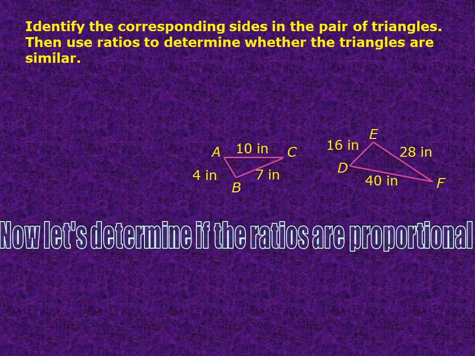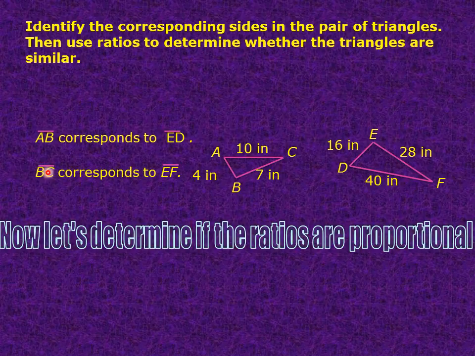Okay, so we're going to identify the corresponding sides in this pair of triangles, and then we're going to use ratios to determine whether the triangles are similar or not. So we're going to start off right here, and we're going to see that AB corresponds to ED. Let's look at it right here, AB and DE. So notice they're not side by side in perfect sequence. So you're going to have to really watch and see how the angles of the figures are oriented to make sure that you match up those corresponding angles and sides.